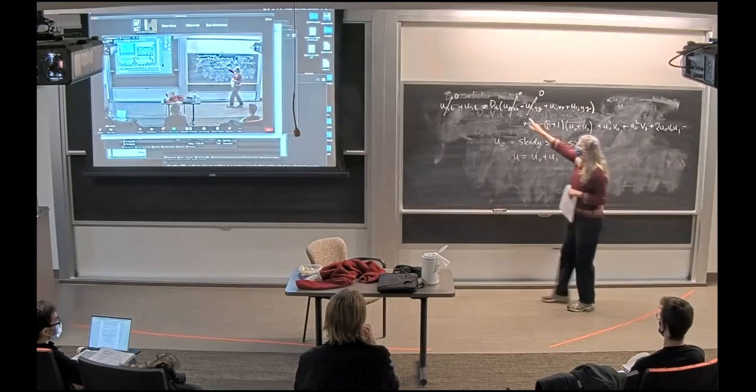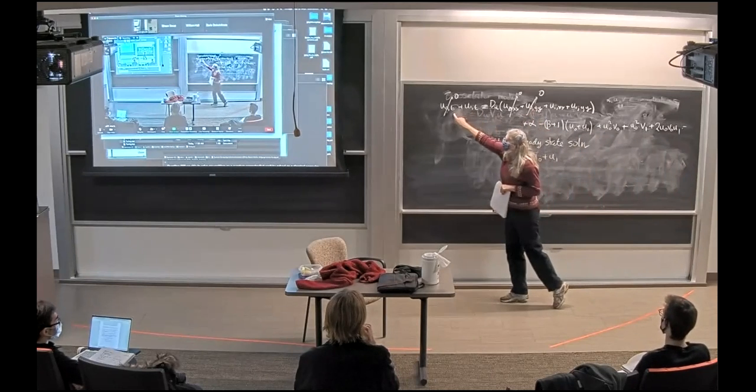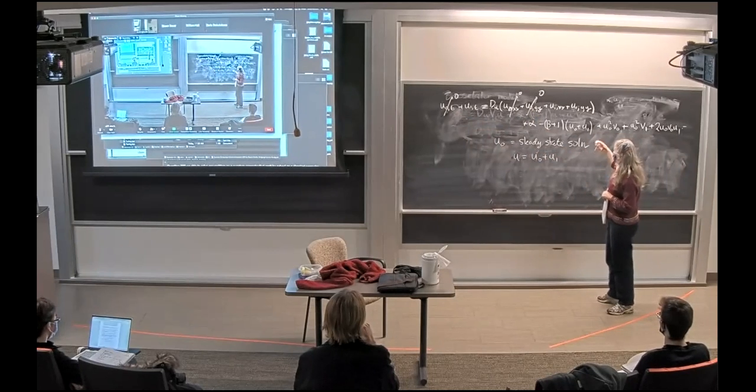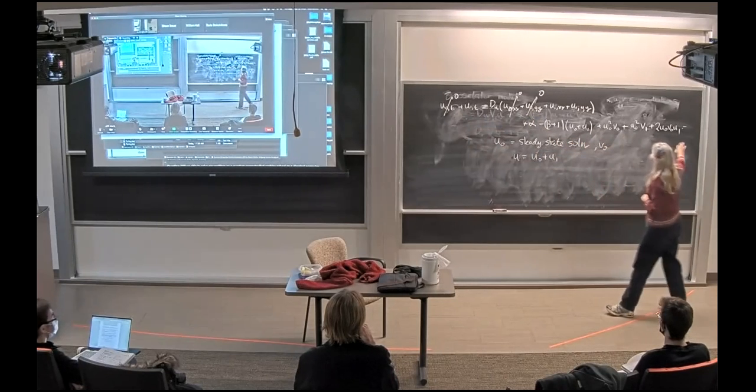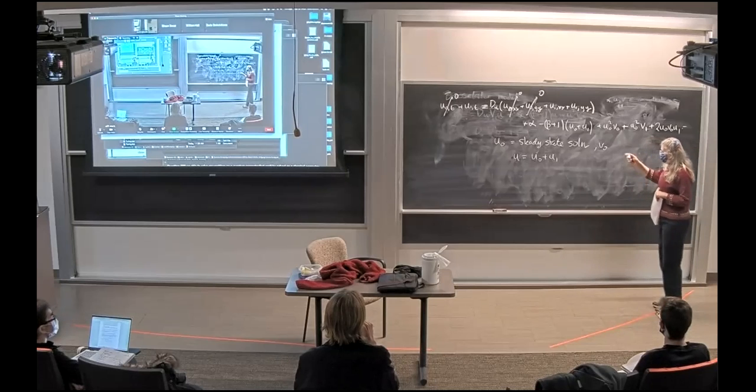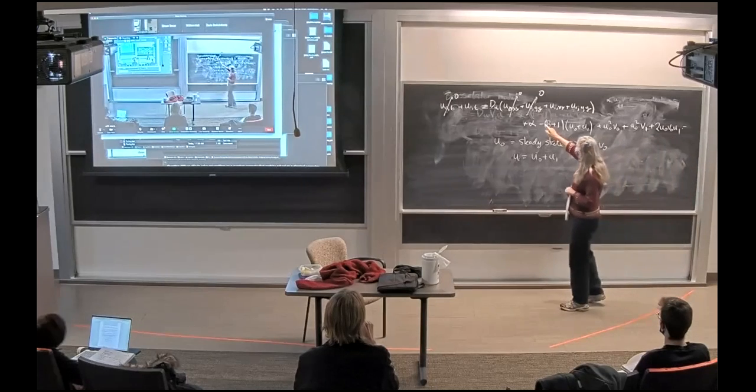Okay. So that's why these terms went away, and this term goes away because we assumed that u0 is a steady state solution. Also v0, right? You need both together. And there's an equivalent equation that looks just the same for v. But let's see what we've got left.